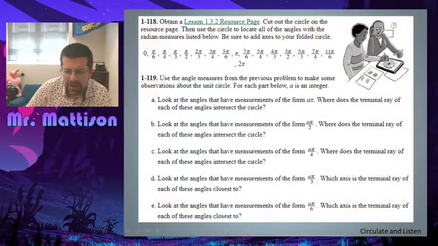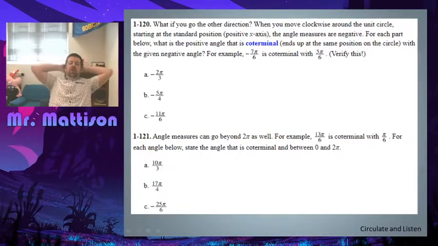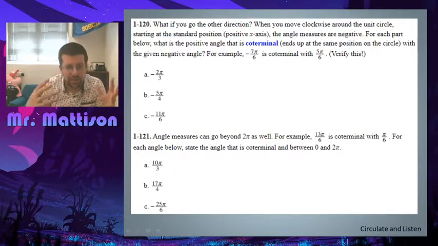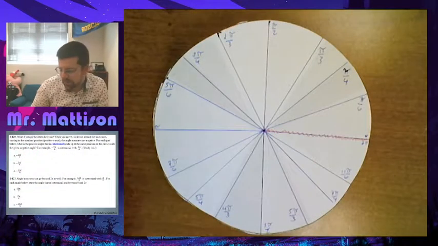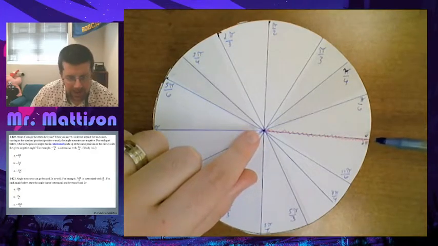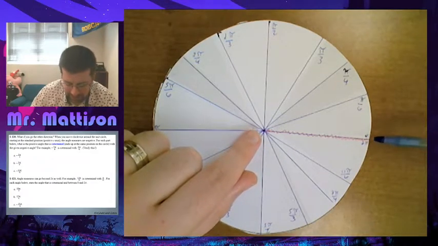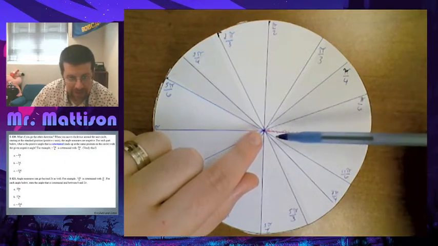So hopping back here, let's take this a step further. Let's talk about the term coterminal. Coterminal means it terminates at the same spot. If I think about my angles and where they terminate, they always start here on that red line that I drew in. So the angle pi over 6 terminates here. This is its terminal ray, or its terminal edge.